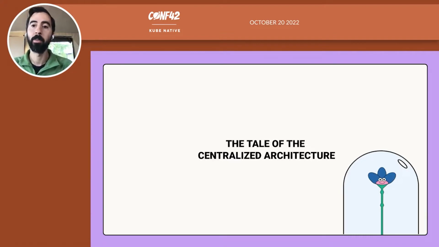The solutions dominating the APM industry today have been formed over a decade ago, and they are based on a centralized architecture, which we're going to talk about in a second. And the tail of these centralized architectures and the architectural decisions the APM vendors made over a decade ago have led us to the point where we are today, where APMs just don't fit to the current modern scale of microservices architectures.